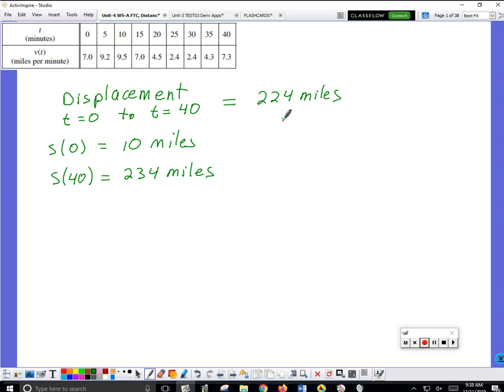Look at me. Okay, in this example, the plane is at location 10, and then 40 minutes later it's at location 234. So knowing the displacement is 224 tells me I moved from where I am to the right 224. That's my change in position. The negative is actually important because I need a negative to reflect what if I ended up changing my position in that direction?